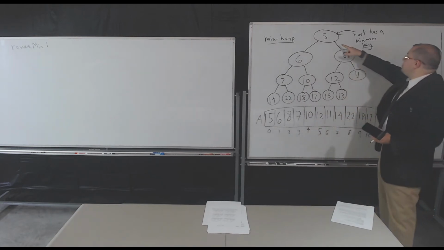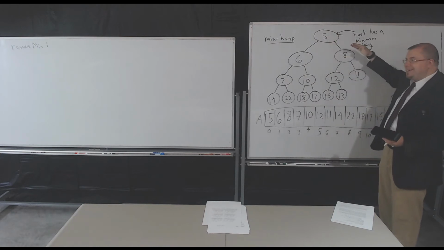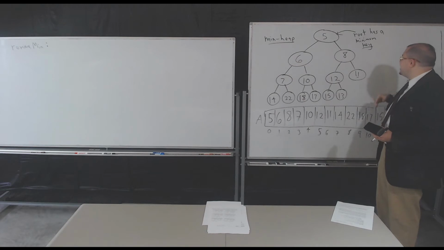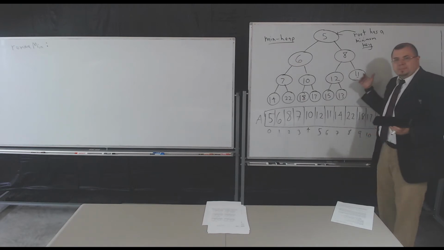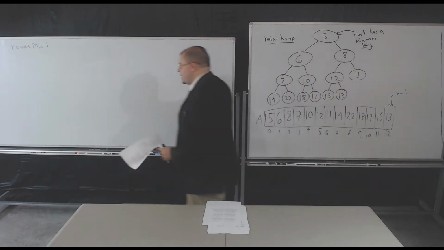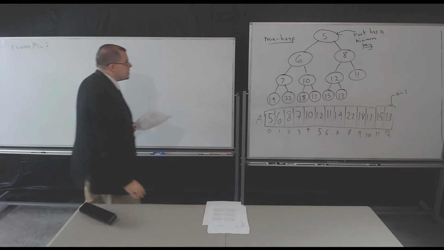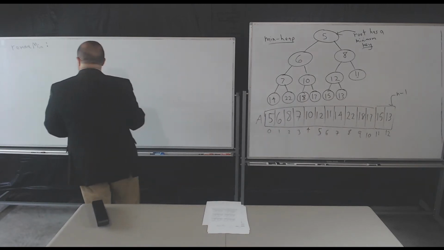So what I've got to do is remove this key, because that's the minimum right there. And then I have to do something, right? So let's first describe this. By the way, what's the root in the array? A sub 0, right?